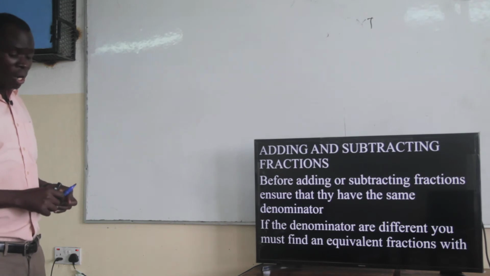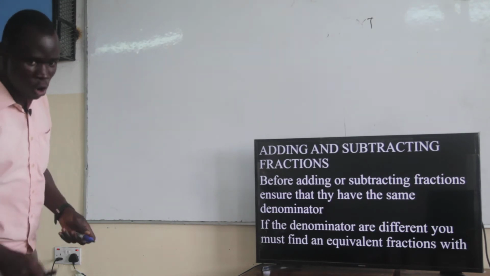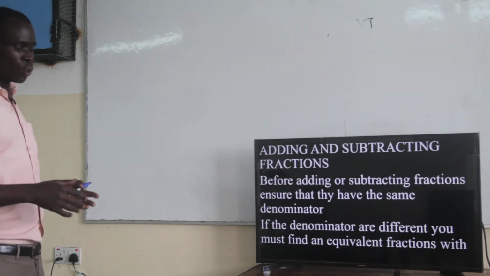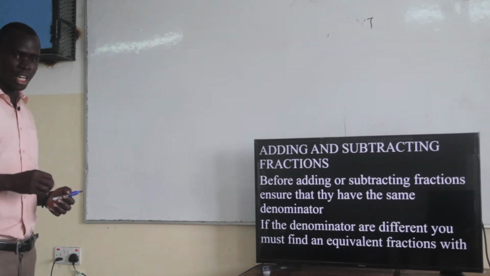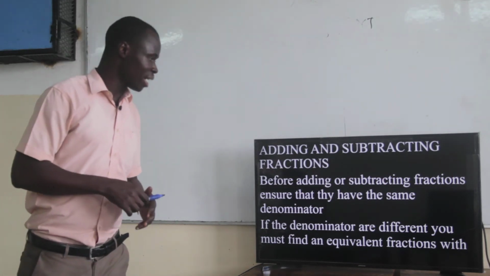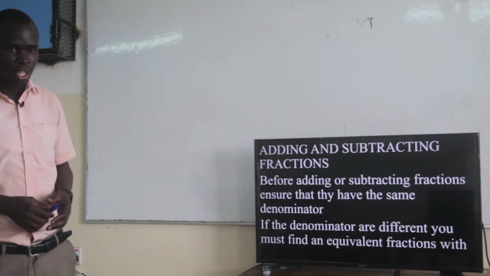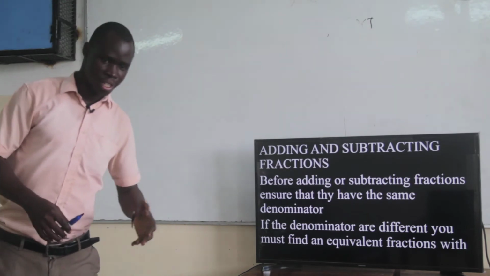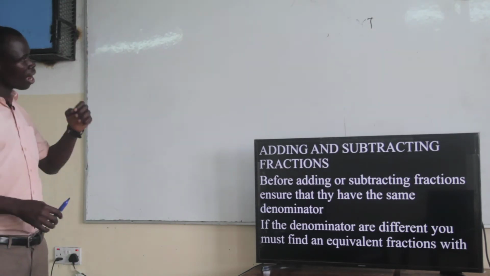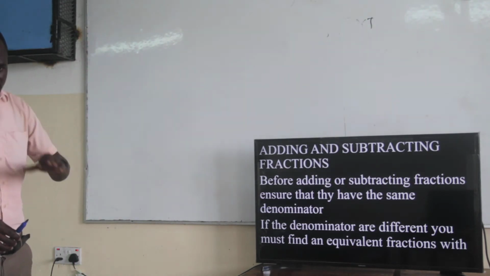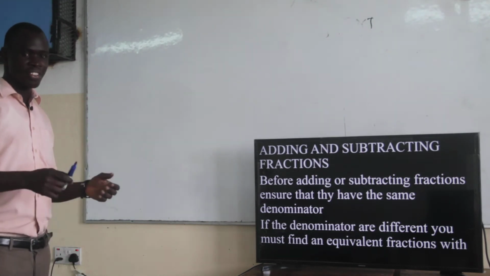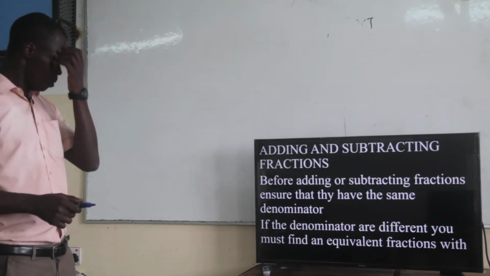Now, that one being said, we know how to have a number reduced to the simplest form. Now we can add and subtract, and the answer we get, we can work on expressing it into its simplest form. Now, by adding or subtracting, ensure that they have the same denominator.